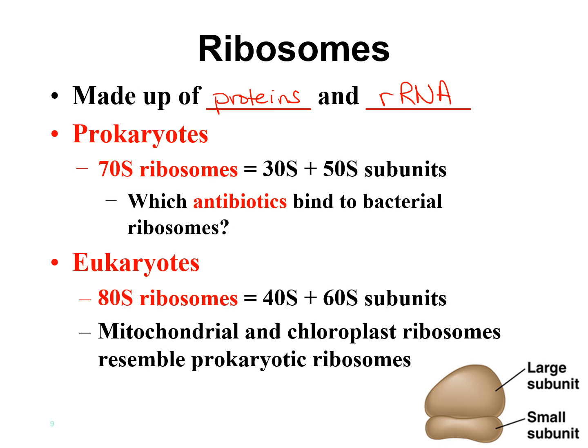Although the eukaryotic cells with the mitochondria, and if they're photosynthetic and have chloroplasts, those organelles used to be bacteria, and so they actually do have 70S ribosomes in those organelles. And the reason that the ribosome size is important is because we do have a class of antibiotics that will bind to the 70S ribosomes and inhibit protein synthesis.